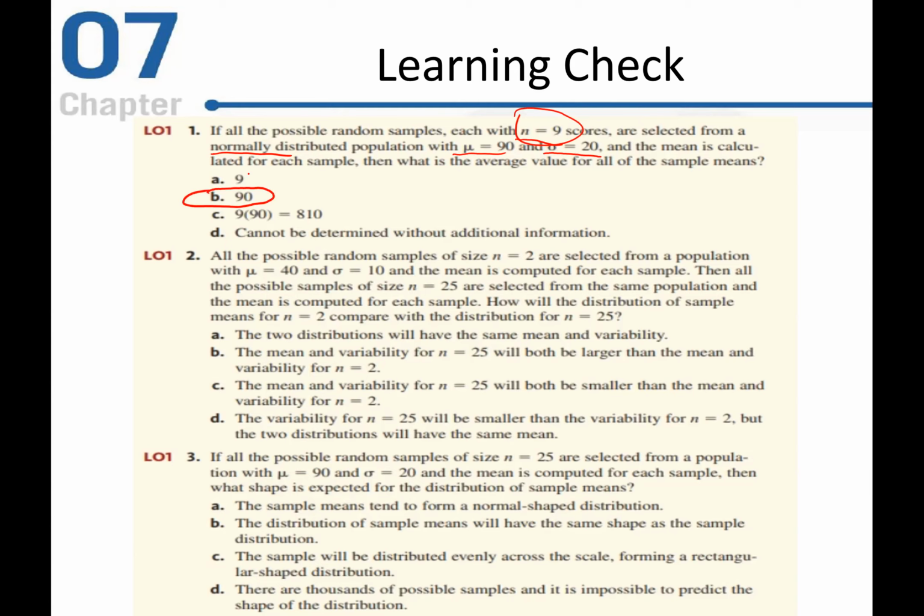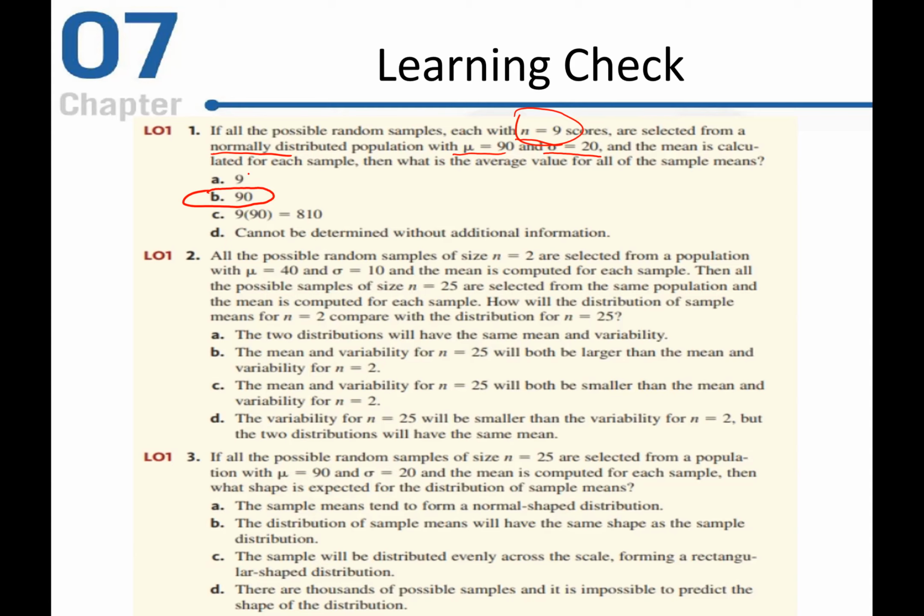All right, question 2. All the possible random samples of a size of 2 are selected from a population with a population mean of 40 and a standard deviation of 10, and the mean is computed for each sample.